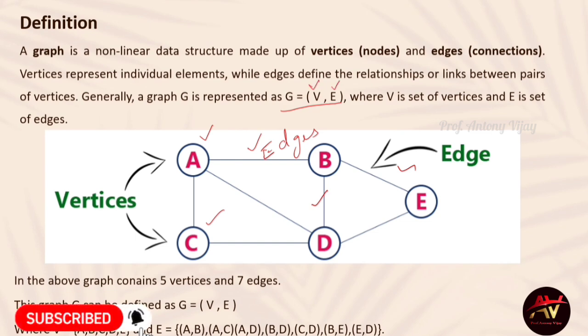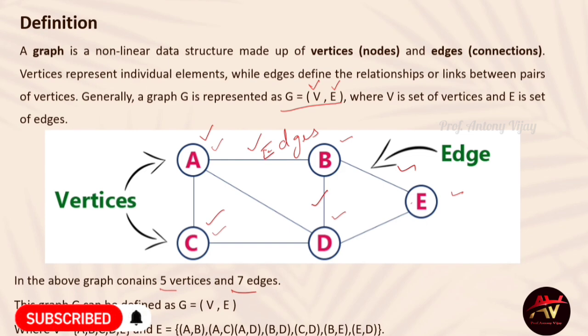So in this diagram, how many vertices will we have? It is 5 vertices and we have 7 edges. So let's count one by one. So A here 1, 2 and this is 3 and 4, 5. Totally 5 vertices are there, and edges, let's see.